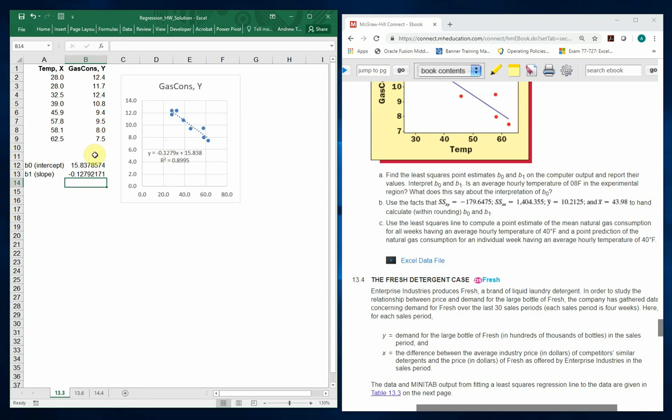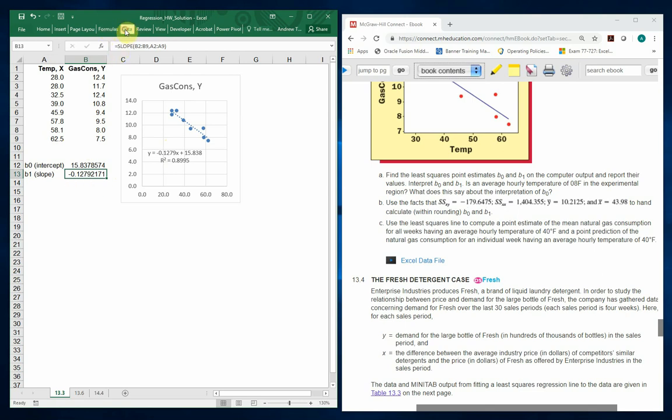Remember what the slope is. The slope tells you for a unit change in x of 1, this is the result in y. So if the temperature goes up by 1 degree, the gas consumption would go down, because it's negative, by 0.127, whatever the units of measure is.